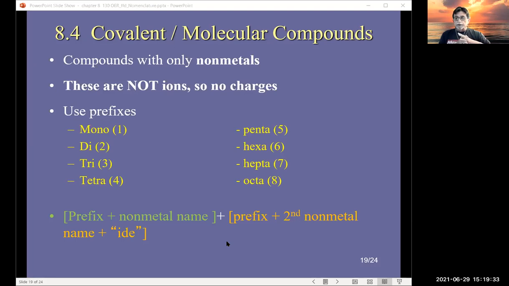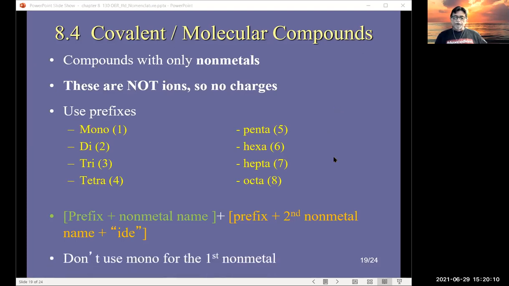So if it is carbon, it's simply called carbon. What follows is whatever's bonded to the central atom. Here we change its name like we did with ionic compounds: we take off the suffix and give it the IDE. So oxygen becomes oxide, fluorine becomes fluoride, etc. And here we also put a prefix to name how many of the second atom there are.